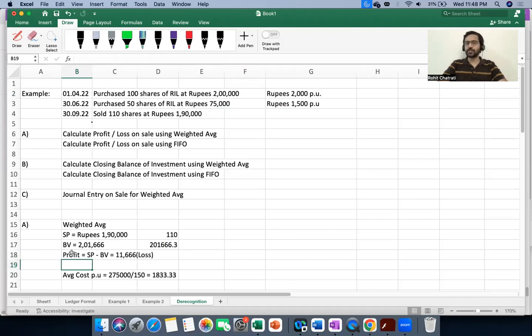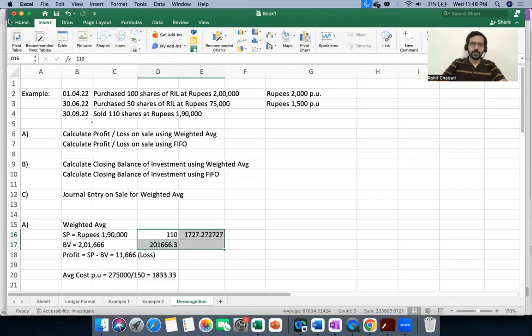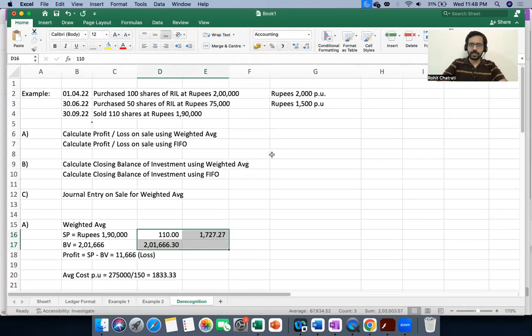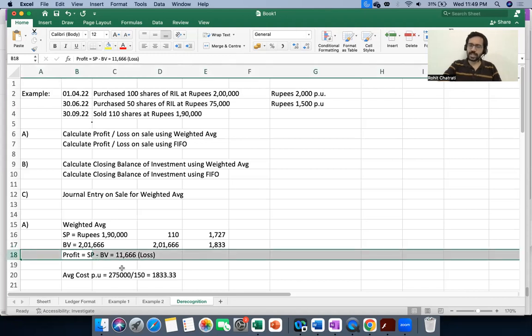I sold 110 shares for 1 lakh 90,000 rupees, which means 1 lakh 90,000 divided by 110, my selling price per unit is only 1727, whereas my cost was 1833.33. So I was bound to incur a loss, and this is the loss that I have incurred: 11,666 as per the weighted average cost method.